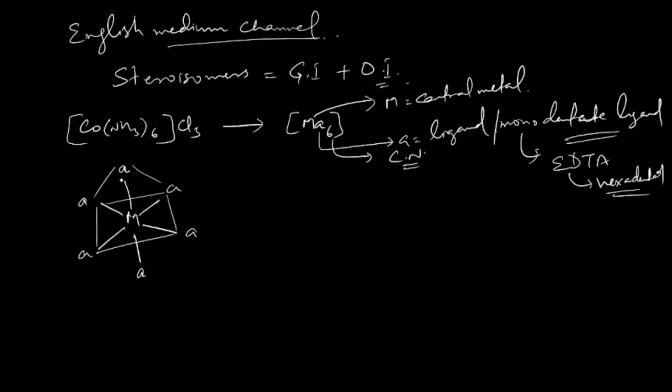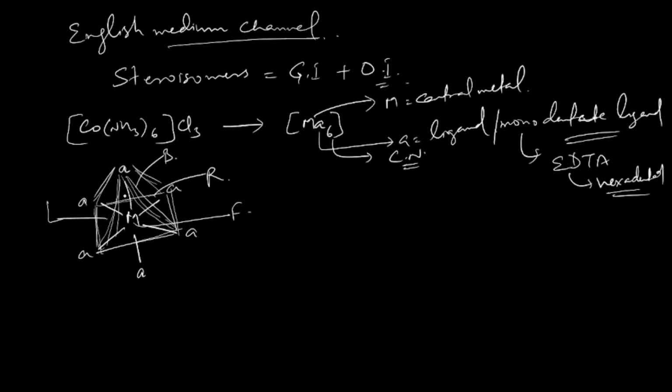This is the left side face, this is the right side face, this is the back side face, and this is the front side face. You have to use a lot of imagination, then only you can solve it.